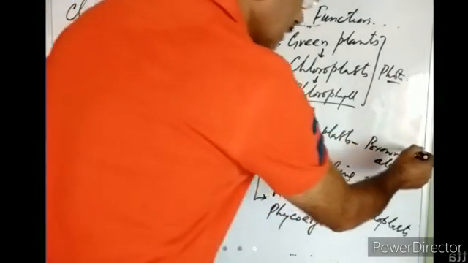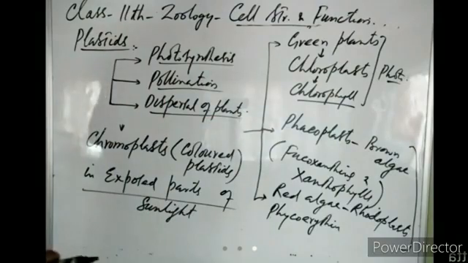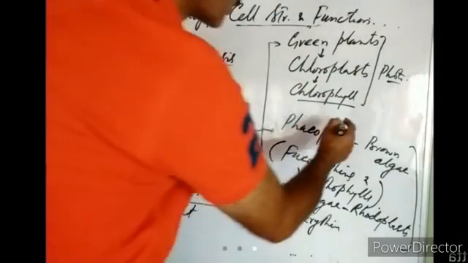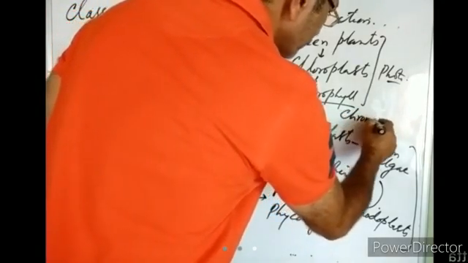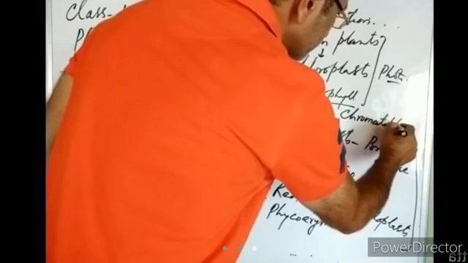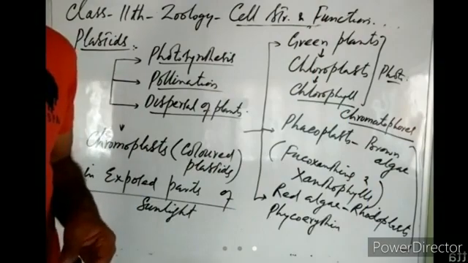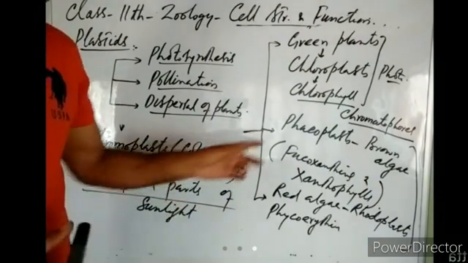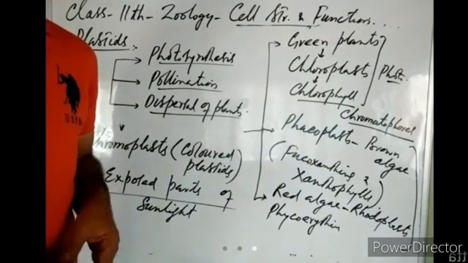The non-green photosynthetic plastids of brown algae and red algae are also known as chromatophores.